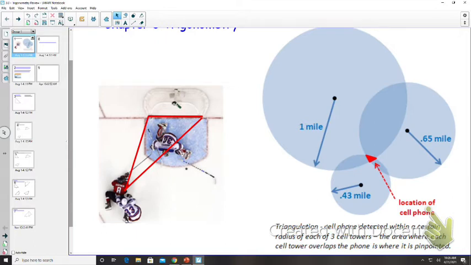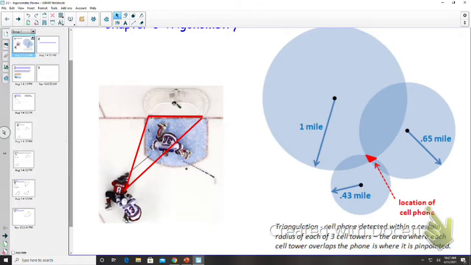They're using the information produced from different cell towers around the area, and then they will essentially triangulate between the three, where we have overlapping regions between them, and then we can pinpoint the actual location. Obviously there are going to be some sources of error in there. You're not going to be able to tell your true location just from that, but it will give you a pretty good idea.